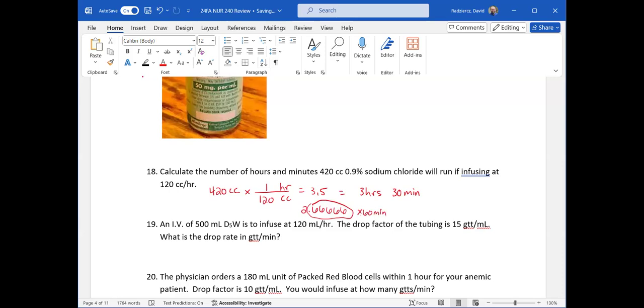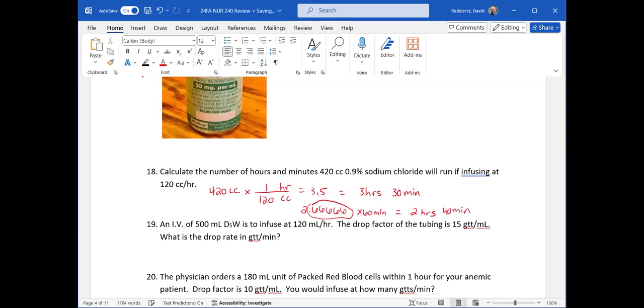And then my answer will be 2 hours, and then whatever 60 times 0.6 repeating is. So if I take 60 times 0.66666, you're going to get 39.99999. So it'd be 2 hours and 40 minutes.